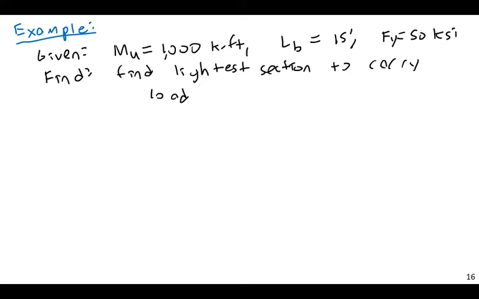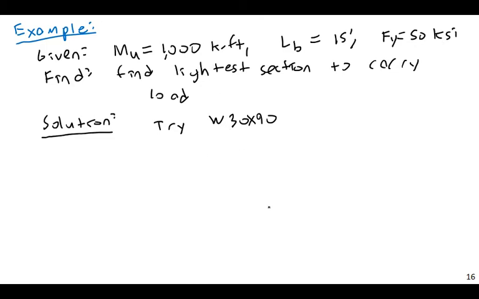Yes, okay. I want to find the lightest section to carry the load, and I'm going to use table 3.2 to do this. Let's try a W30 by 90. And how would I find that? Well, my phi MP needs to be 1,000 or greater, so my capacity needs to be 1,000 or greater.